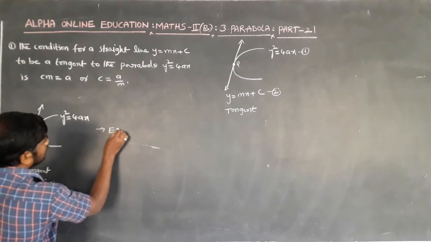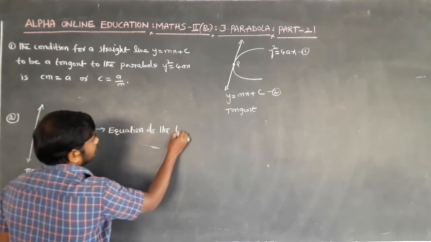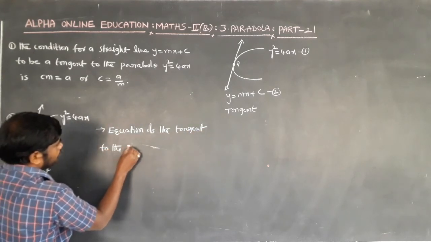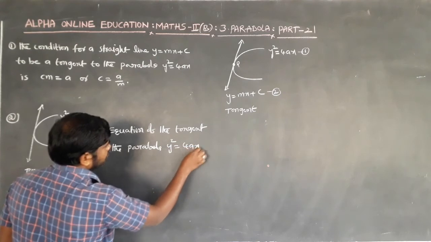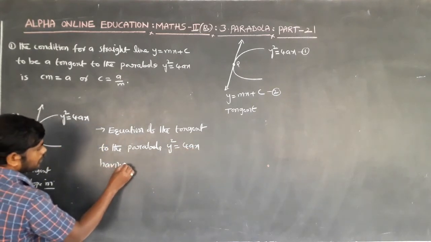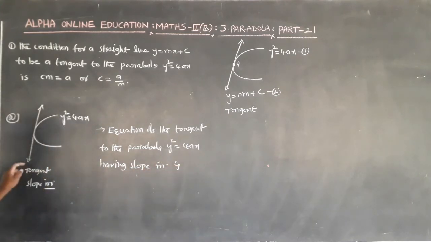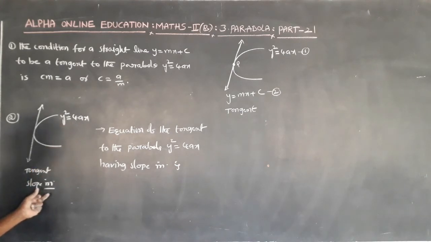Equation of the tangent to the parabola y² = 4ax having slope m: here the slope of the tangent is given, so find the equation of the tangent.